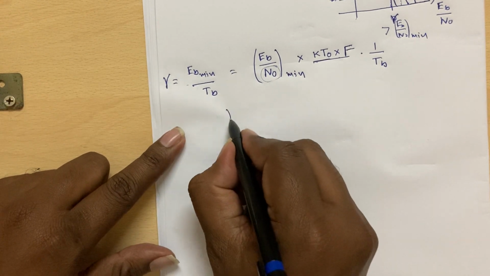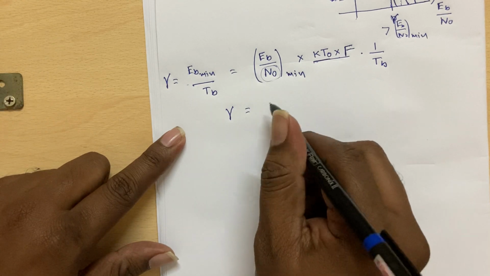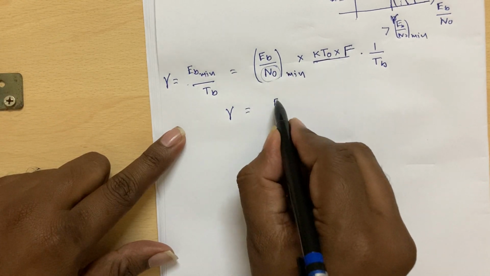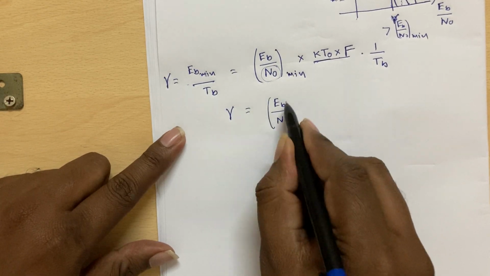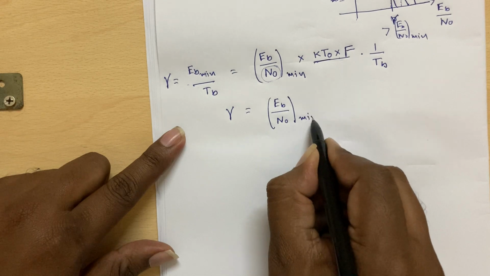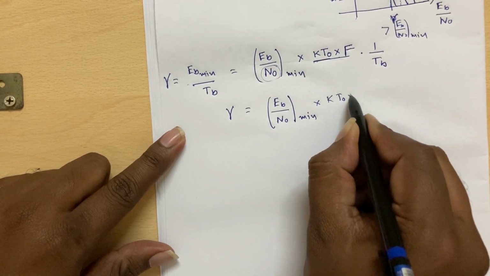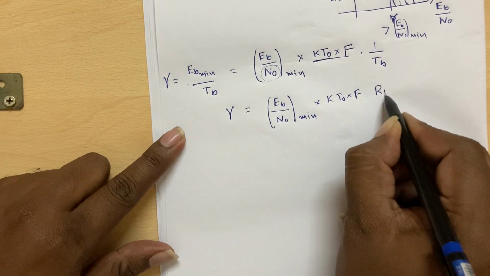So receiver sensitivity for a given modulation is determined by the minimum Eb by N naught, which is applied to the detector. So Eb by N naught minimum required into K T naught into F into 1 by TB, which is the bit rate.